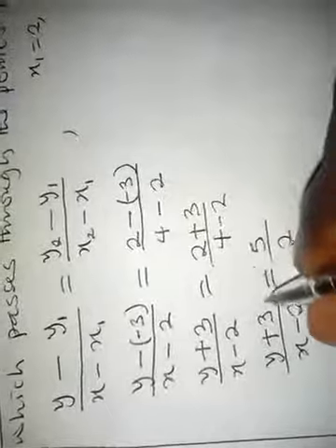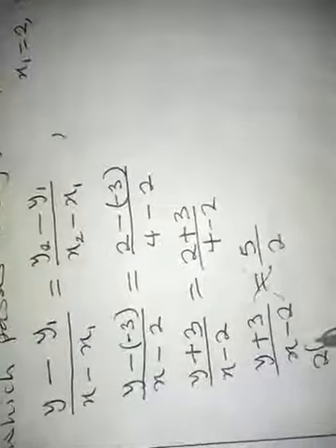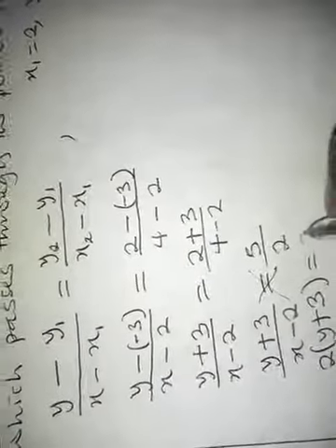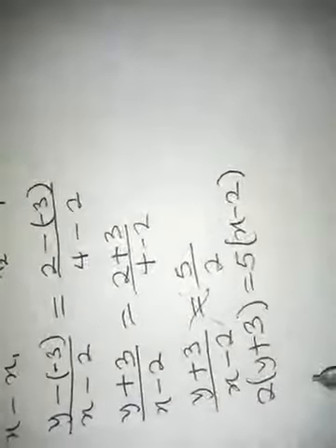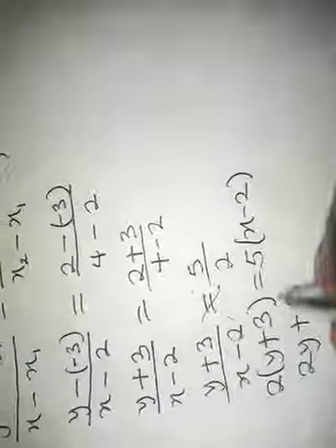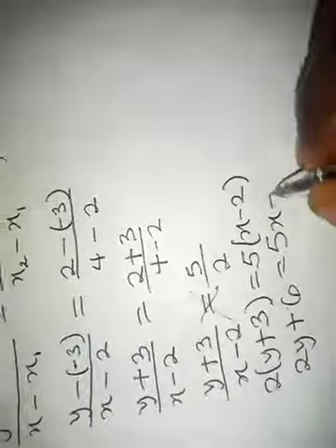Okay, we can go ahead with cross multiplication. So that will give us 2 into (y plus 3) is equal to 5 into (x minus 2). And from here now, we can have 2y plus 6 is equal to 5x minus 10.